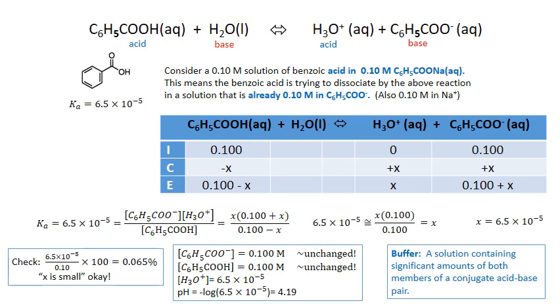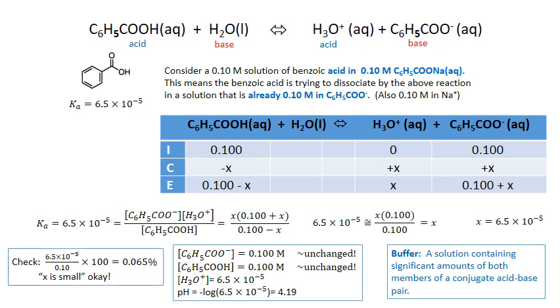We tabulated all the concentrations, and the benzoate is still 0.1 molar, and the benzoic acid is too. So they didn't really change their concentrations much. You can see the amount by which they change is X in this calculation, and X is really, really small in this case. And not only is it less than 5%, it's only 0.065%.